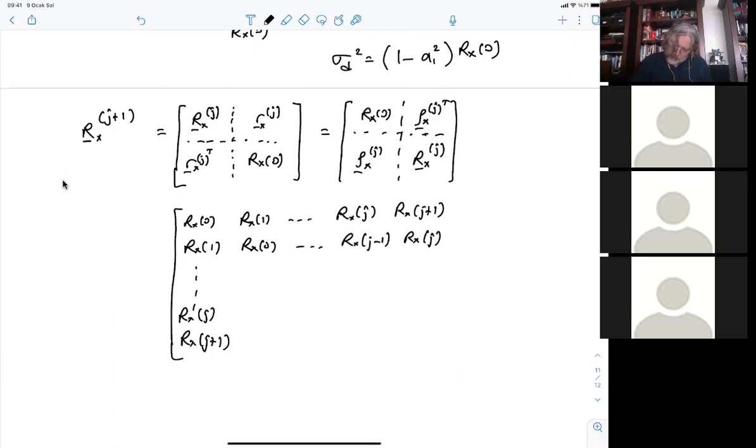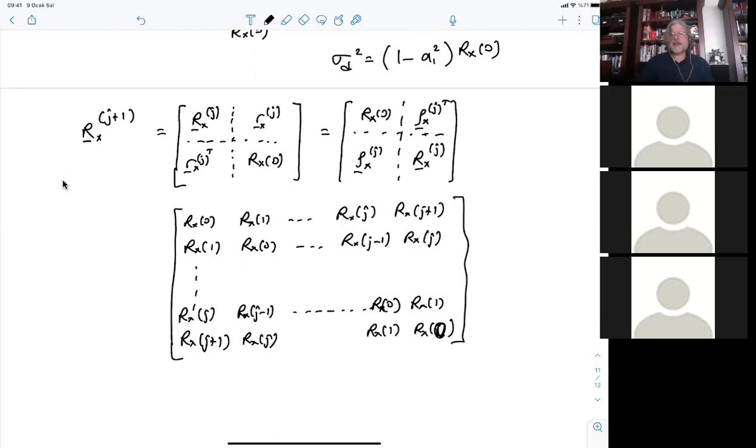After Rxj becomes Rxj minus 1, this is Rxj. This goes down to Rx0 and Rx1. And this is Rx1 and Rx0. Okay, so it's a huge matrix like this.